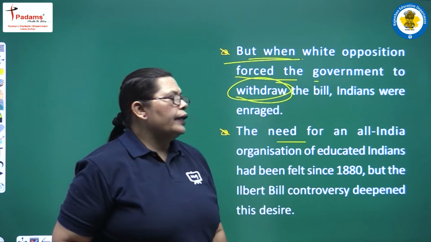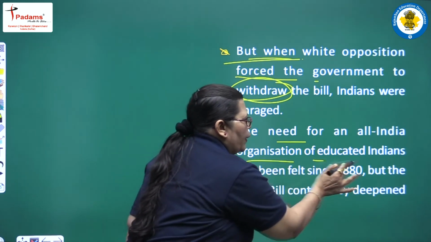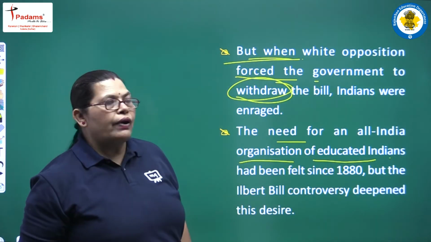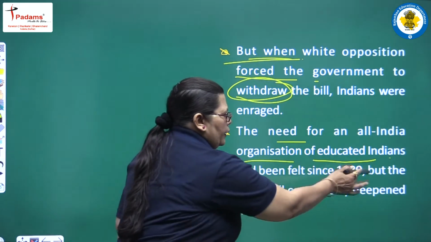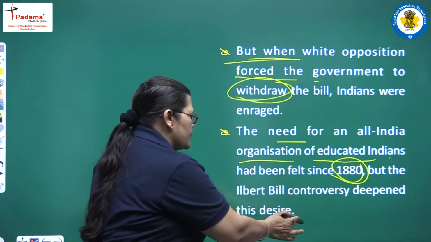So the need for an all India organization of educated Indians had been felt since 1880. But the Albert Bill controversy deepened this desire.